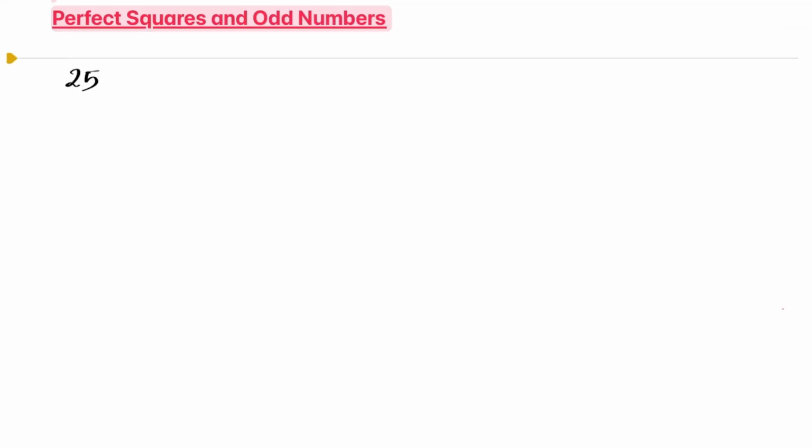Here I have taken a number and it's 25. Now I will subtract odd numbers from it. First odd number is 1. So 25 minus 1 is 24. Second odd number is 3. 24 minus 3 is 21. Next odd number is 5. So 21 minus 5 is 16.